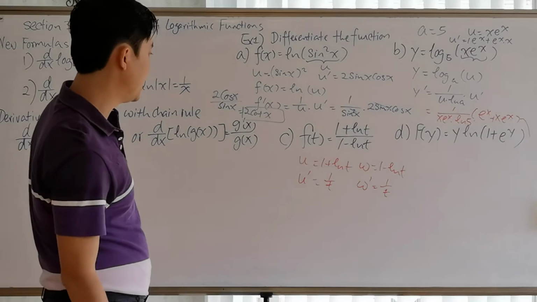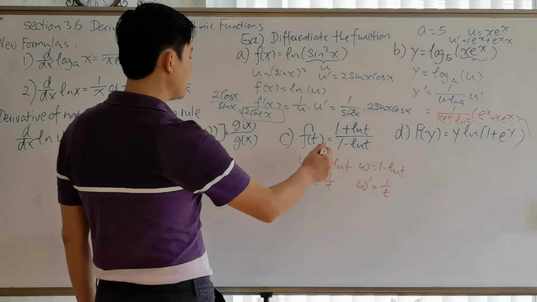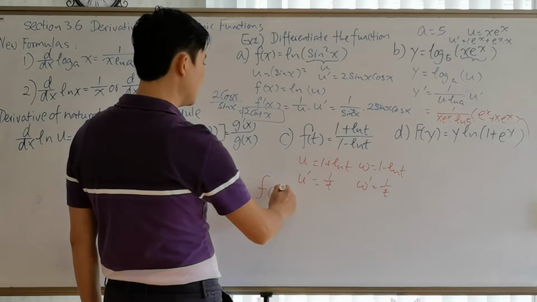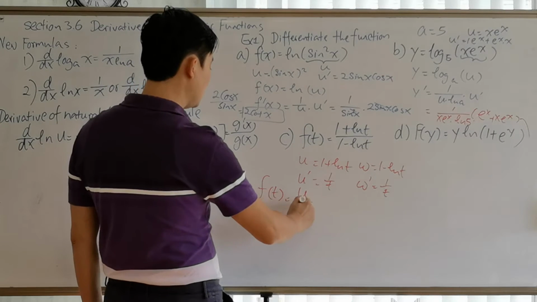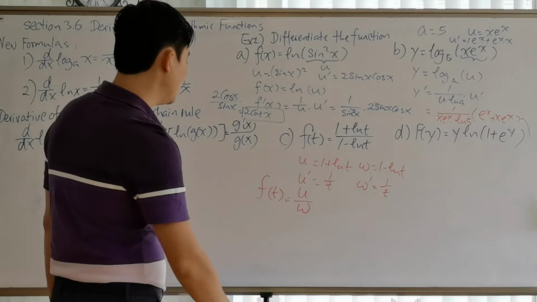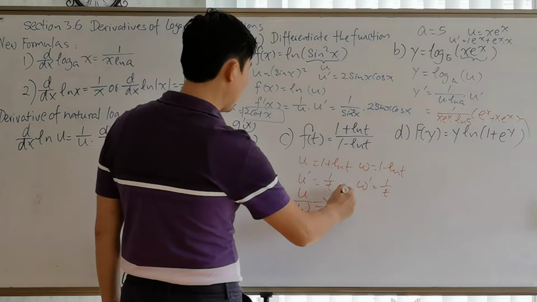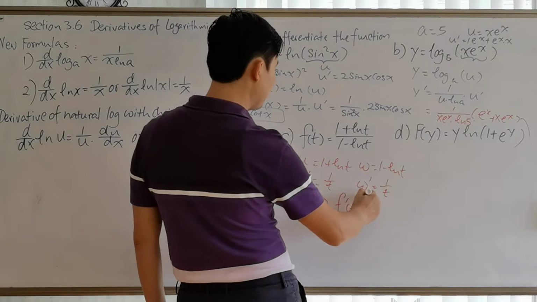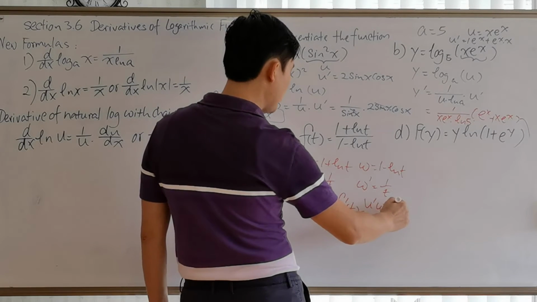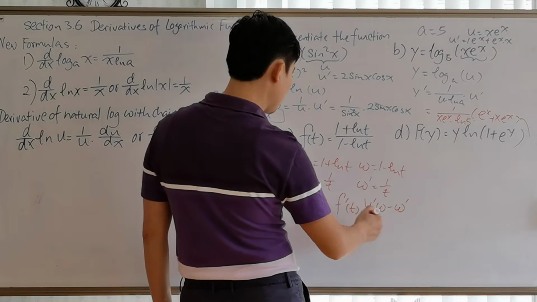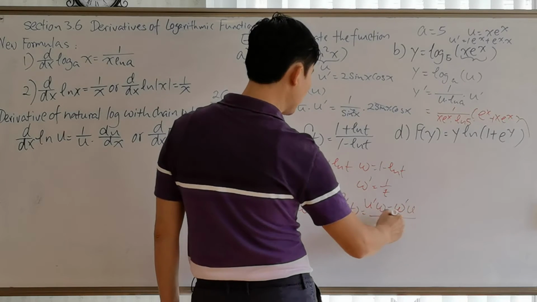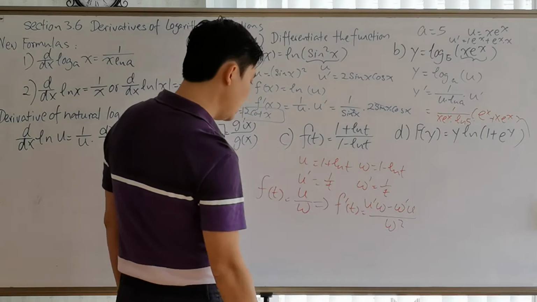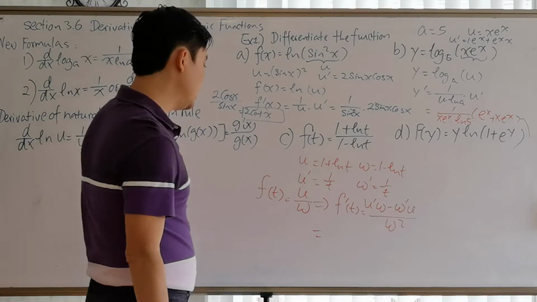Okay, so now let's find out. It looks like the structure here is written as u over w, using the quotient rule. So using the quotient rule, we have f prime of t, which is u prime times w minus w prime times u, over w squared. And now you want to substitute.